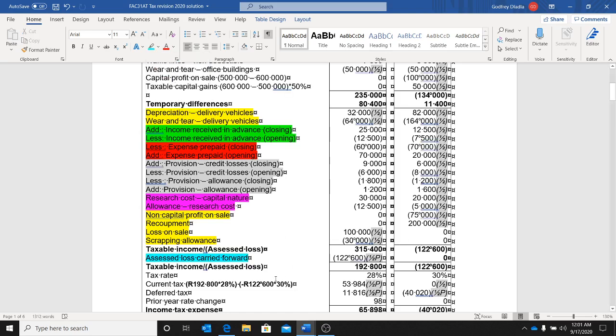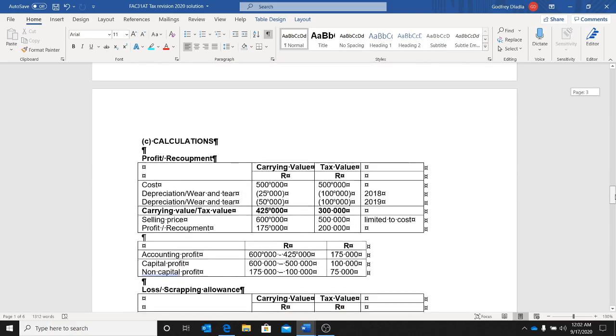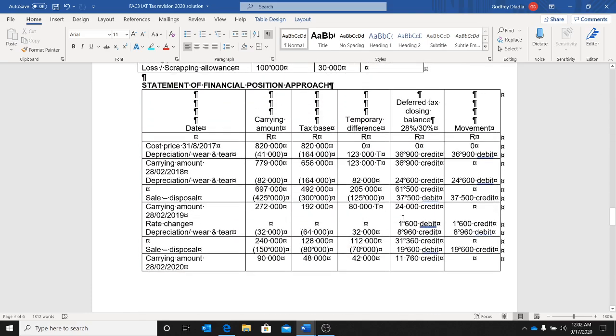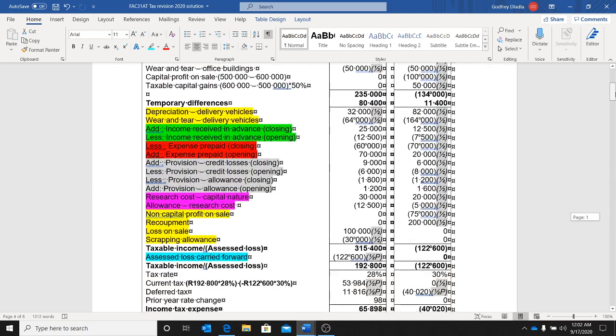So if you've calculated only this one here, and you've got the rate change that relates to it, you only calculated PPE. You only calculated PPE, which is depreciation, wear and tear, non-capital profit, recoupment, loss on sale, and scrapping.